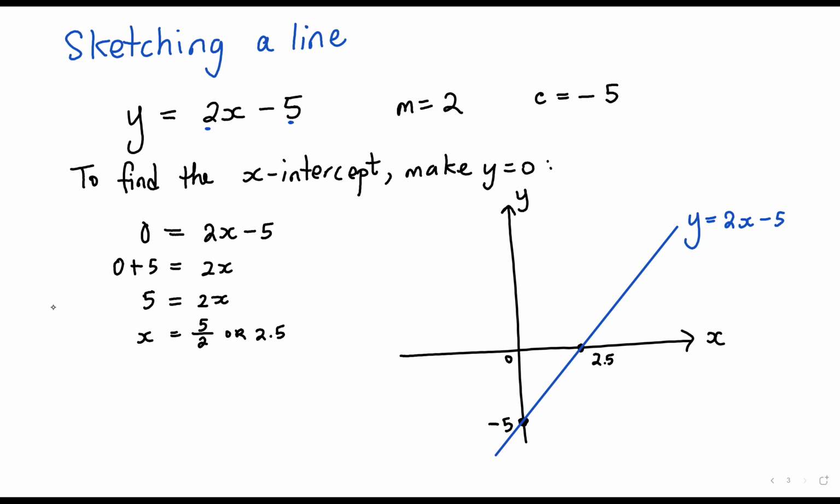So I'm going to try another one. Let's just do another one. All right, Shaniqua, you're going to help me with this one. Shaniqua, are you there? This one, y is equal to -3x plus 4.